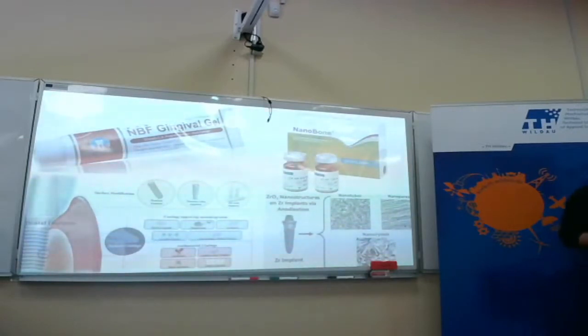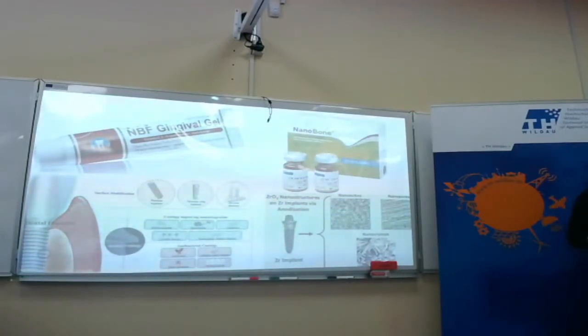Some of them are coated with nanoparticles of titanium, of nanohydroxyapatites, and most of them have nanopits, nanopapillars, and so on. It depends. And because of it, they have better primary and secondary osteointegration. And also we use nanobone.